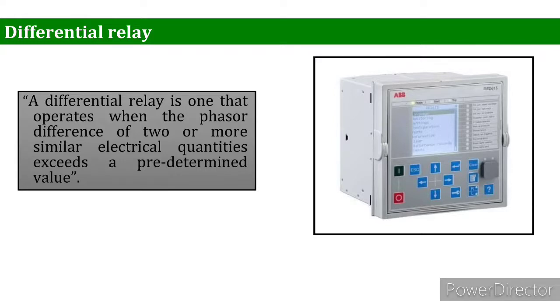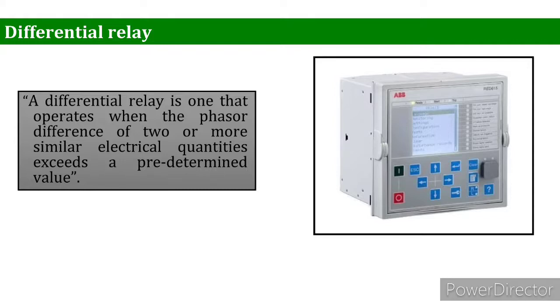The differential relay works on the principle of comparison between the phase and magnitude of two or more similar electrical quantities. For example, consider the comparison of current entering a protected line and the current leaving it.